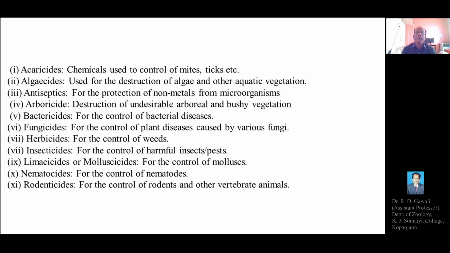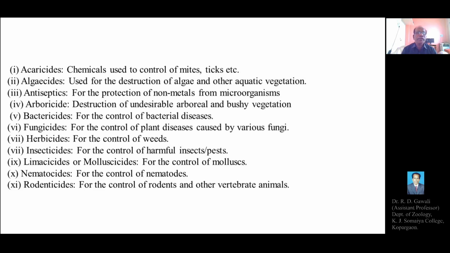Then insecticides. These are chemicals or poisons used for the control of harmful insect pests. Limacicides or molluscicides are chemicals or poisons used for the control of different types of molluscan pests like snails and slugs, like gastropods.